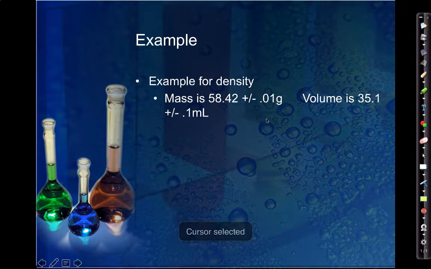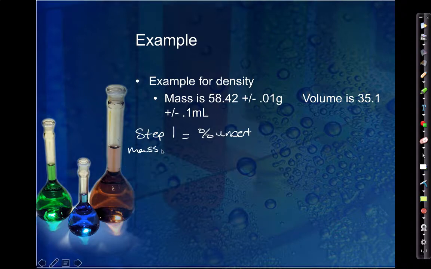All right, so let's go ahead and calculate out a density and then figure out what to do with the uncertainty. So step 1 is to get your percent uncertainties. Let's do that for the mass. That's going to be 0.01 divided by 58.42 times 100.